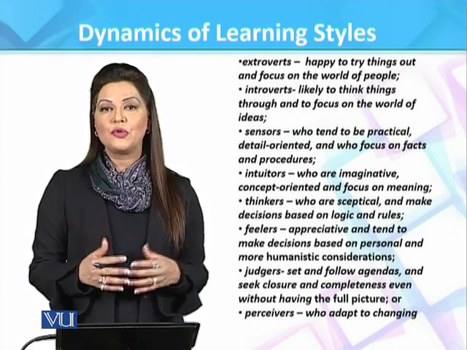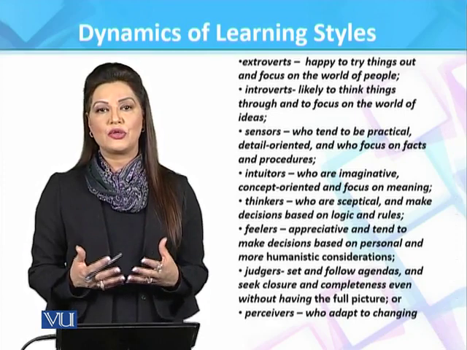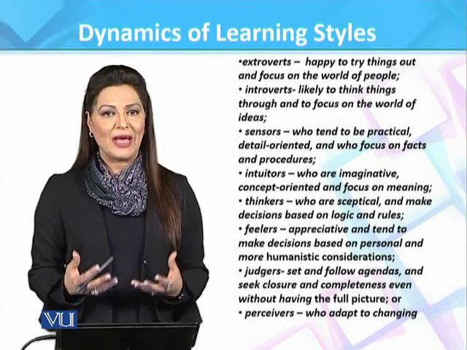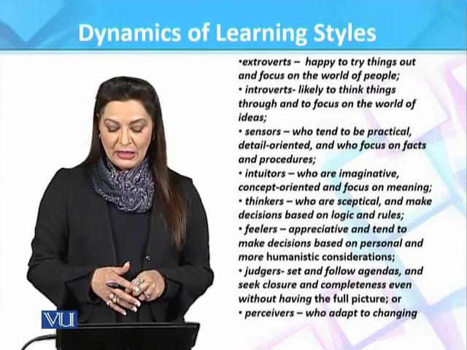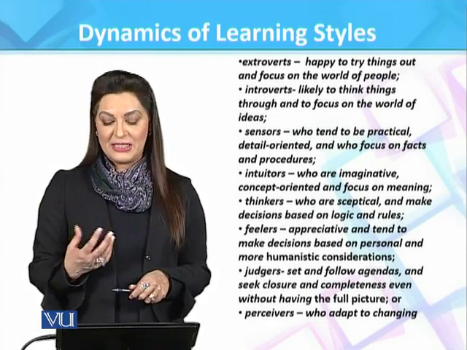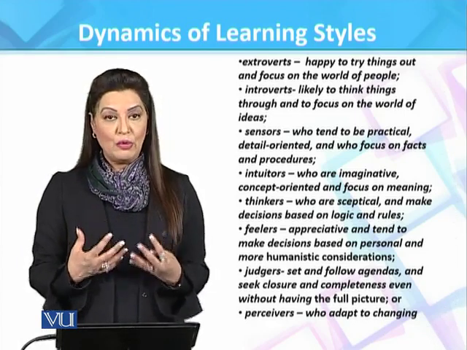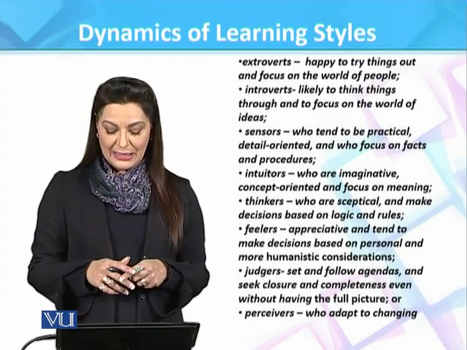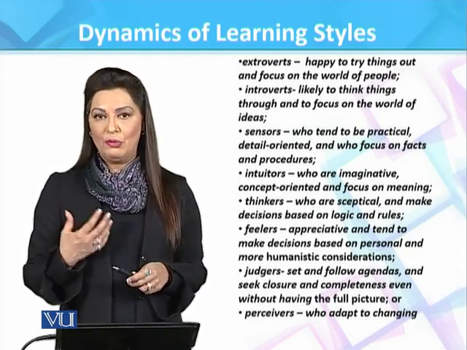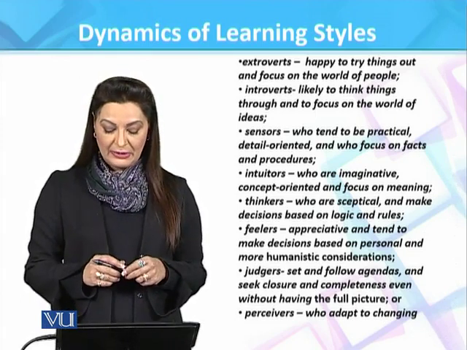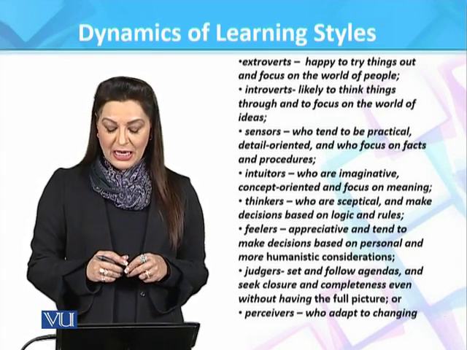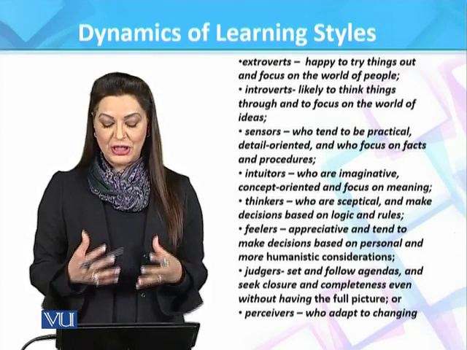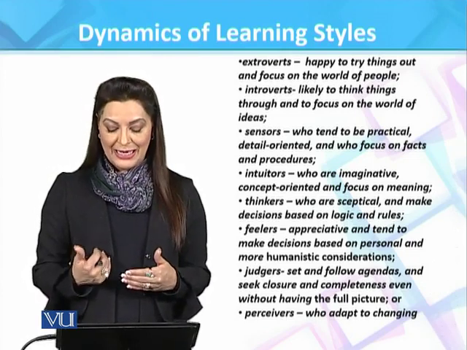Thinkers are the ones who prefer to make decisions based on facts and logic. Feelers are the ones who are appreciative and who make decisions based on their personal emotions, likings and dislikings, having a more humanistic view of the world around them. And judges are the ones who set and follow agendas and seek closure and completeness.